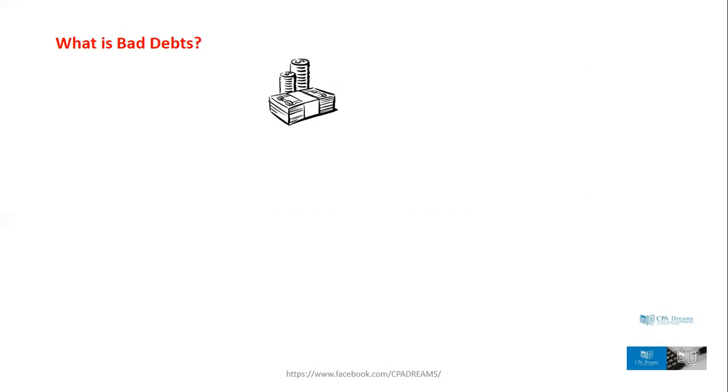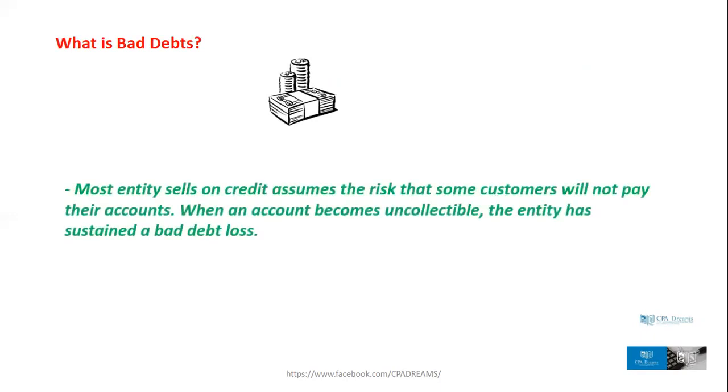But there is a possibility of customers not going to pay. You have many customers, and there is a possibility that they will not pay you. So there is a risk, the risk that some customers will not pay their accounts.